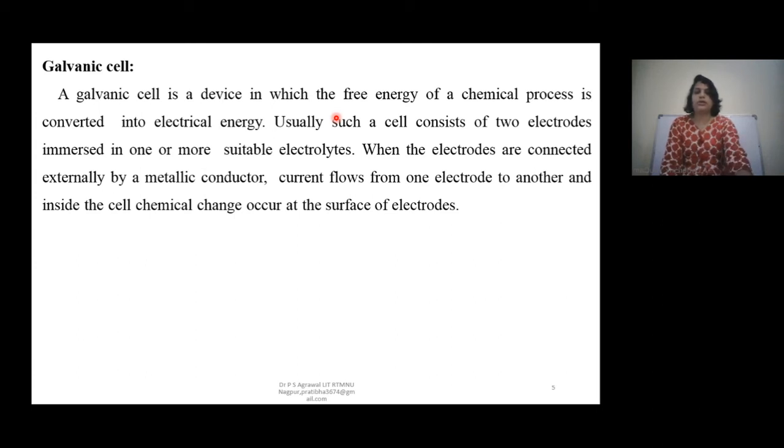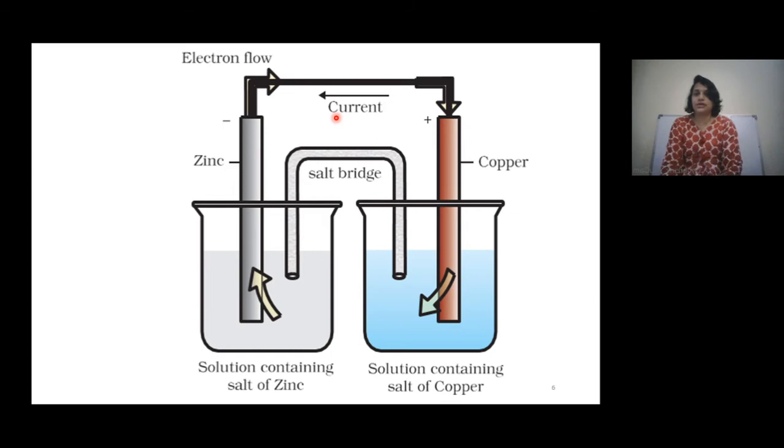Now the electrochemical cell. Consider a copper rod dipped in the solution of copper sulfate and zinc dipped in the solution of zinc sulfate. These two metal rods are connected by a metallic conductor.